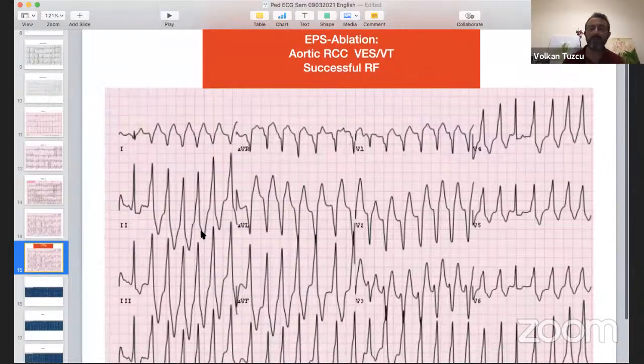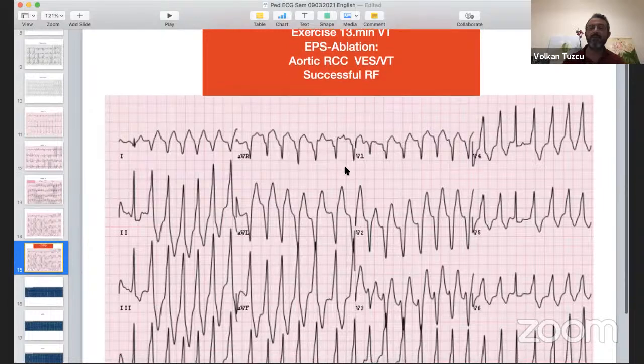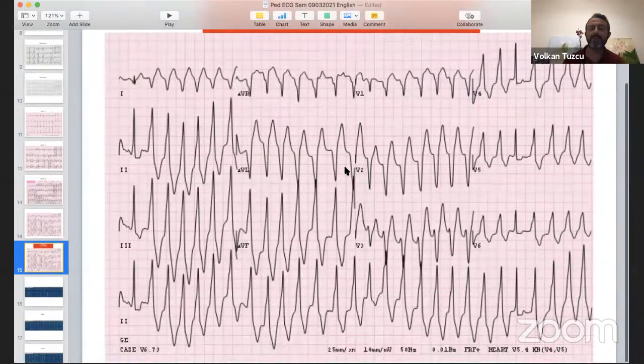I just wanted to make sure you actually think about WPW, but indeed, this was VT induced at 13 minutes. How do we know? We did an EP study and found a right aortic sinus origin VT, and we successfully ablated it. The thing that was supporting VT more here was actually the change in the QRS.